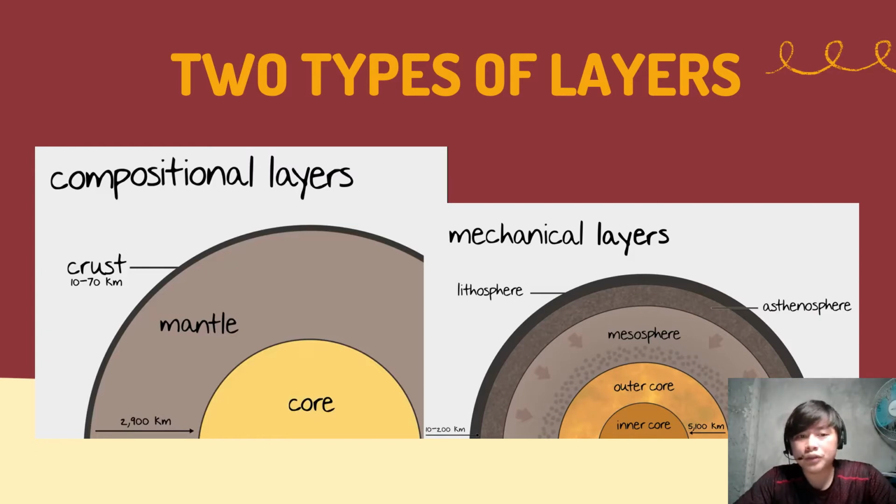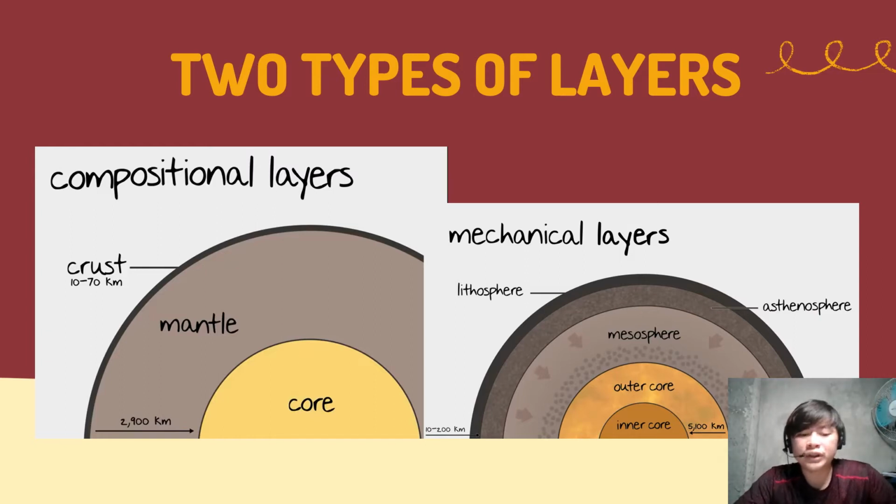There are two types of layer. Our Earth is made up of layers and there are two types of it. In order to understand plate tectonics, there are compositional layers and mechanical layers.